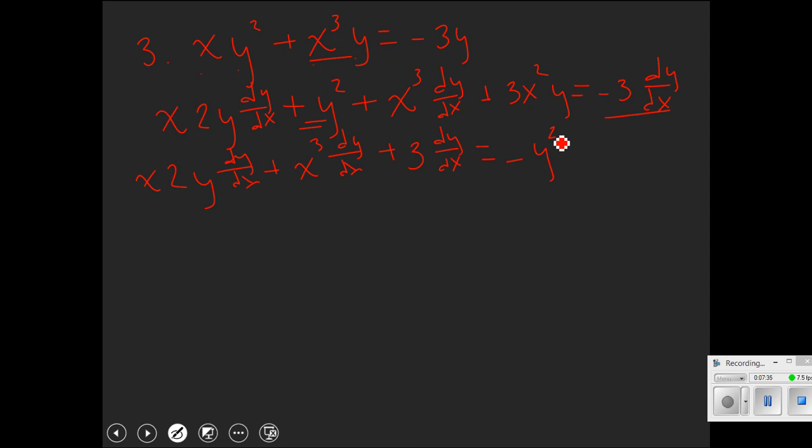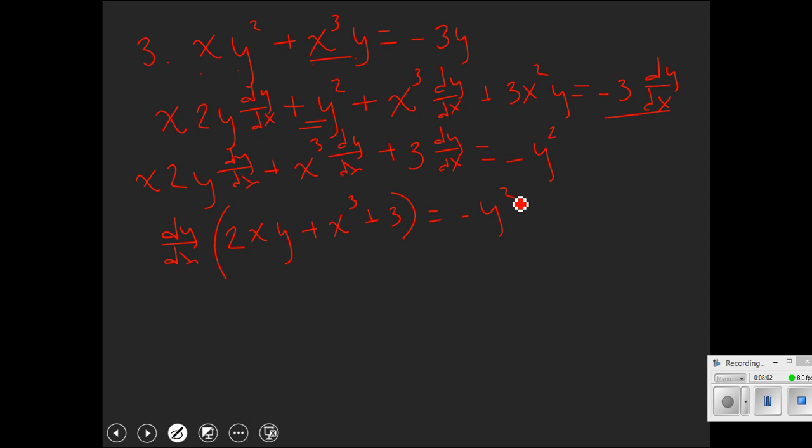Your next step is to factor out a dy/dx. So we have, I'm going to write this in the right order because it's making me mad. Can I scratch that out? No, let me erase that. Okay, so 2xy, that's much better, plus x cubed plus 3 equals negative y squared.